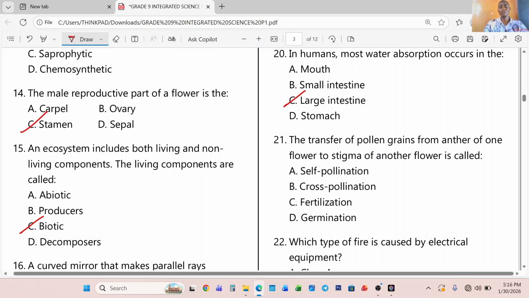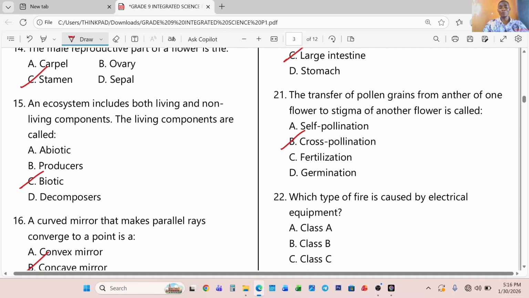What do we call that? This is what we call cross-pollination. It particularly takes place in two different plants. So the correct answer is cross-pollination.